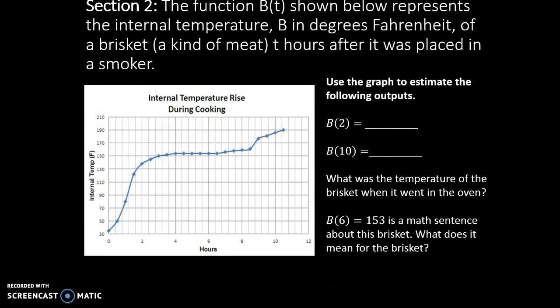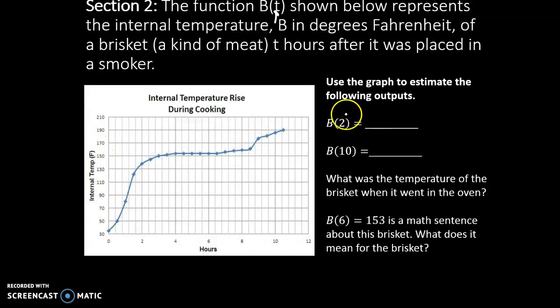So this problem, the function B of t, shown below, represents the internal temperature B in degrees Fahrenheit of a brisket, which is a kind of meat, t hours after it was placed in the smoker. So t is the x-axis, that's hours, and B is the internal temperature of the brisket.